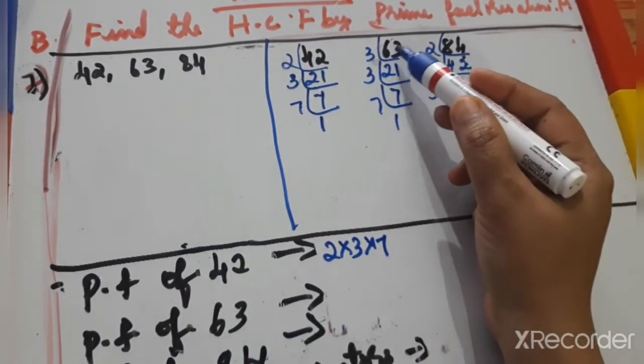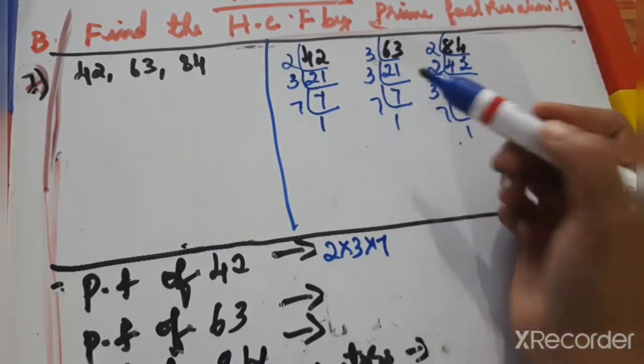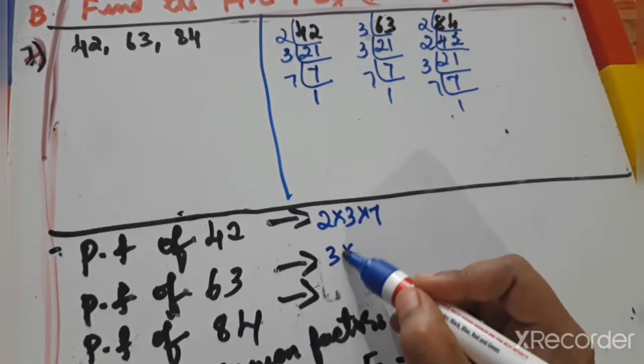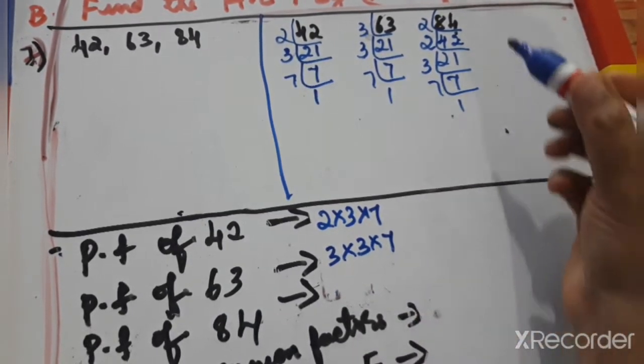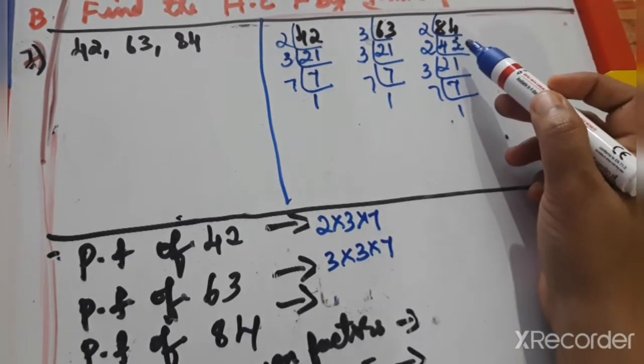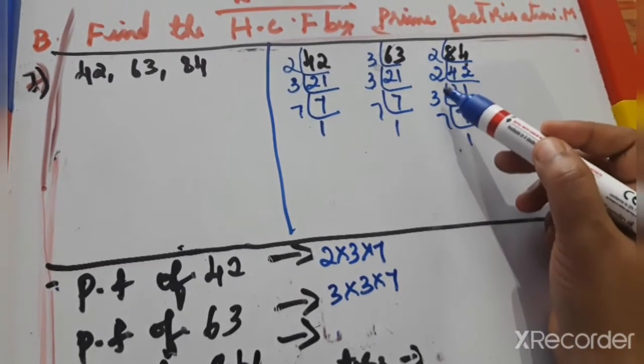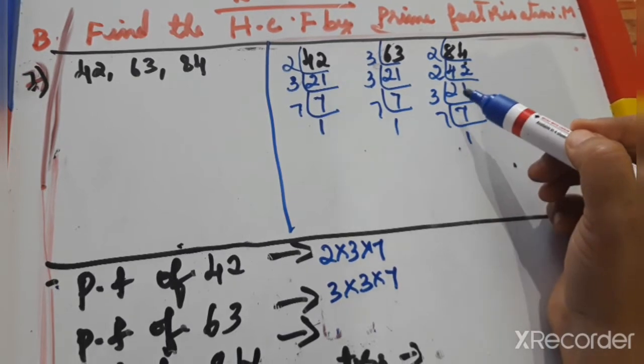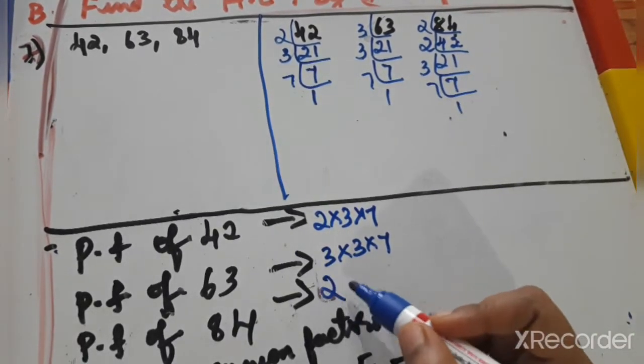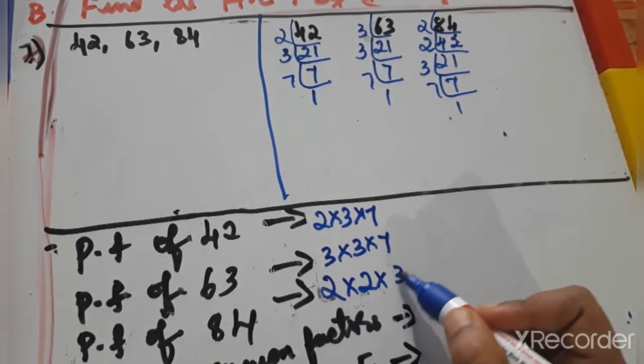Then the prime factor of 63 is 3 into 3 into 7. Then the prime factor of 84 is 2 into 2 into 3 into 7.